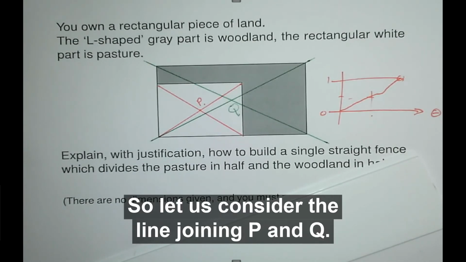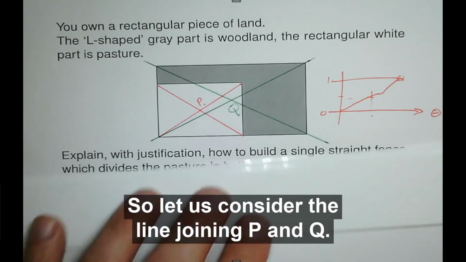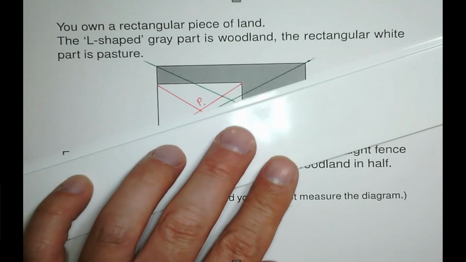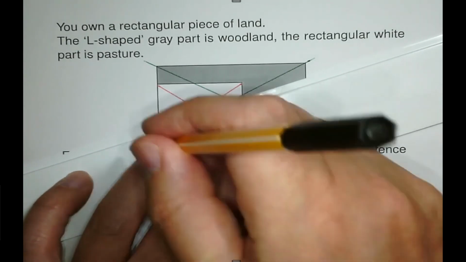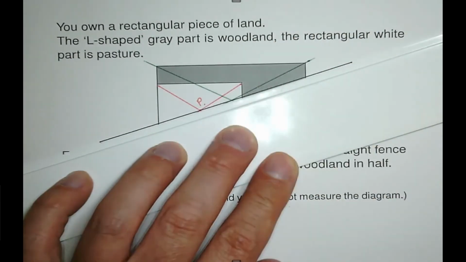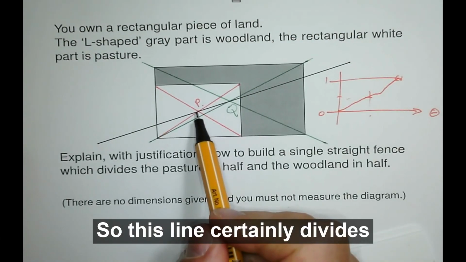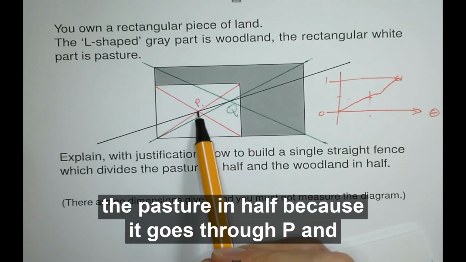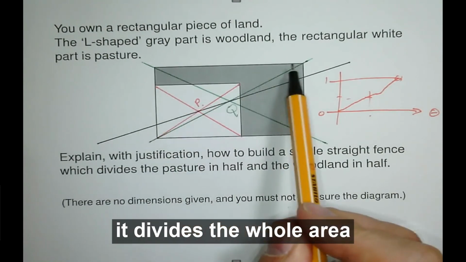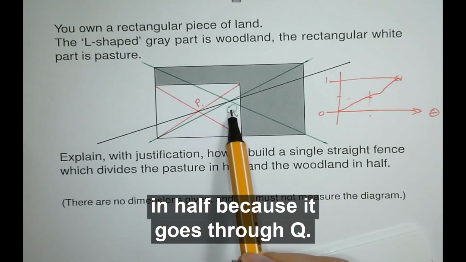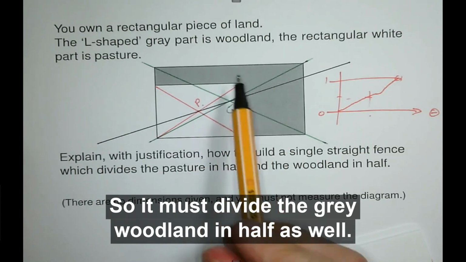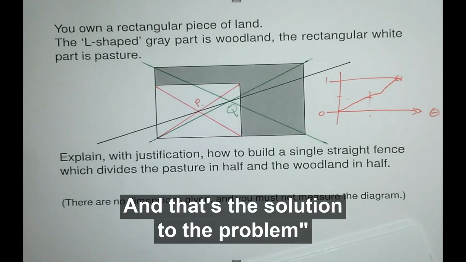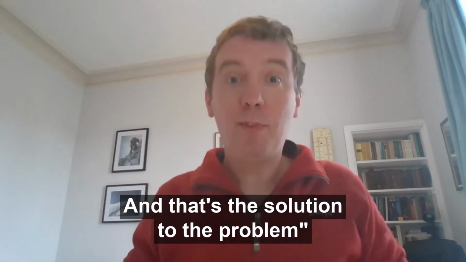So let's consider the line joining P and Q. So this line certainly divides the pasture in half because it goes through P, and it divides the whole area in half because it goes through Q, and so it must divide the grey woodland in half as well. And that's the solution to the problem.